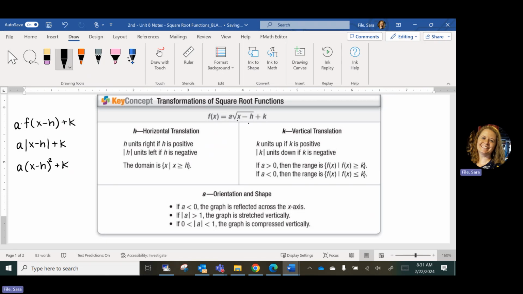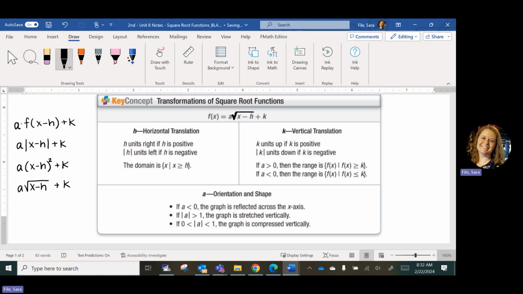Now, this is what it looks like for square root. So instead of the absolute value symbols or the parentheses squared, it's a square root symbol. Y'all see the difference? That's the only difference. Where the A and the X minus H and the K are, that doesn't change. If you want to go ahead and write it here all lined up. So this is the same setup.